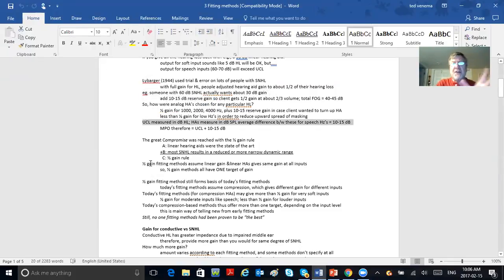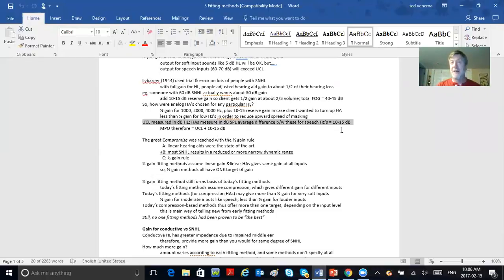Okay, last little sentence here. UCL is measured in dBHL, right? Hearing aids are measured in dBSPL. The average difference between HL and SPL for the speech frequencies is around 10 to 15 dB. And so if a guy gives you a UCL of about 100 dB, it's common to add about 10 to 15 to that 100 to come up with a maximum power output in terms of dBSPL.